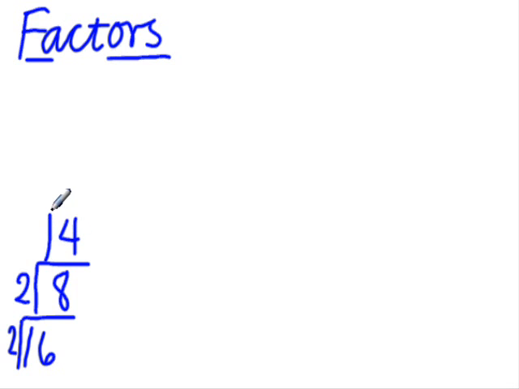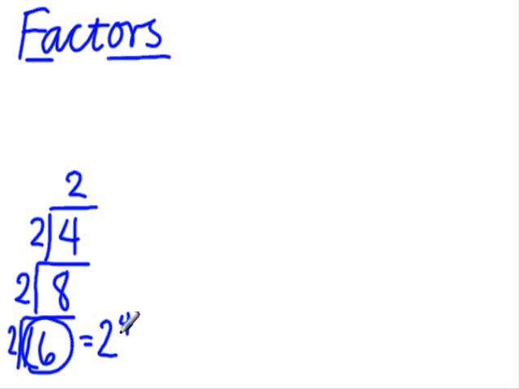And 2 also divides into 4 2 times. Now we have prime numbers 2 and 2 and 2 and 2, and those are the prime factors of 16. 1, 2, 3, 4. 2 times 2 times 2 times 2, or 2 to the fourth power.